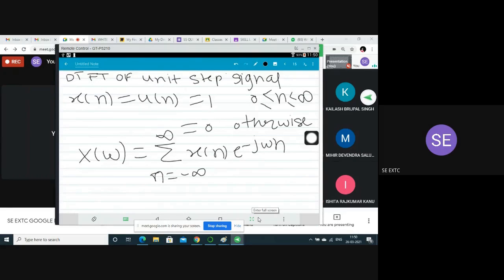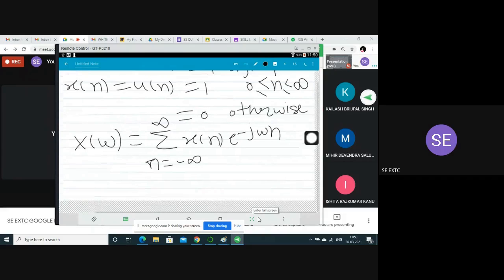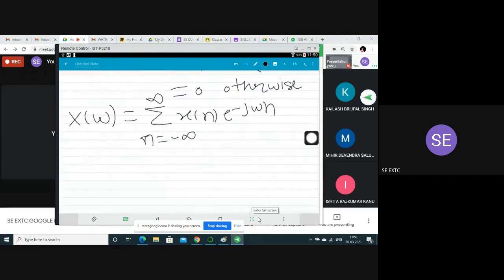Now we have to put the value of x of n equal to 1 from 0 to infinity. Now we are putting n equal to 0 to infinity, e to the power minus j omega n.